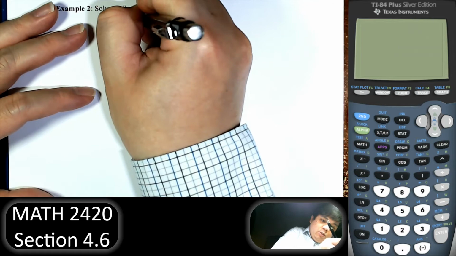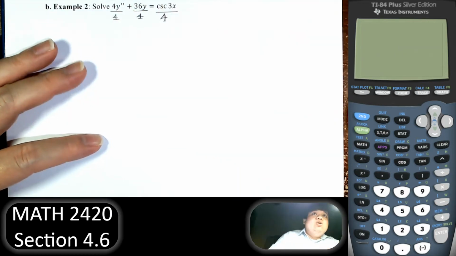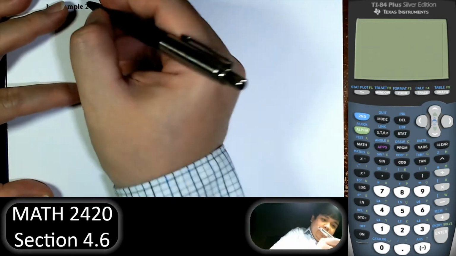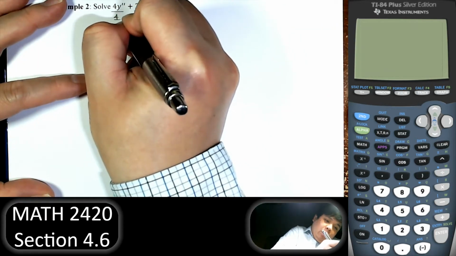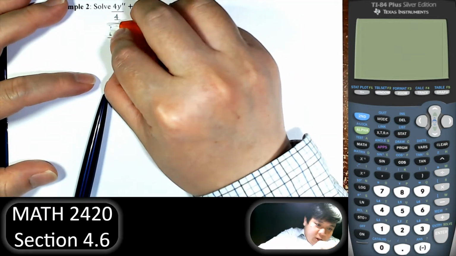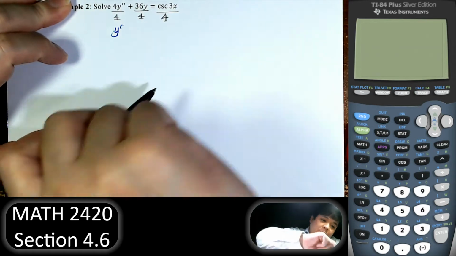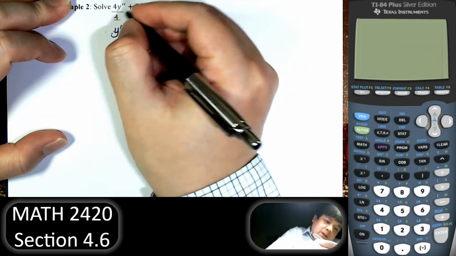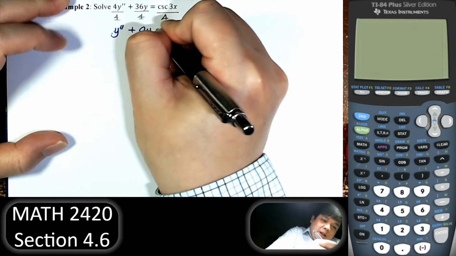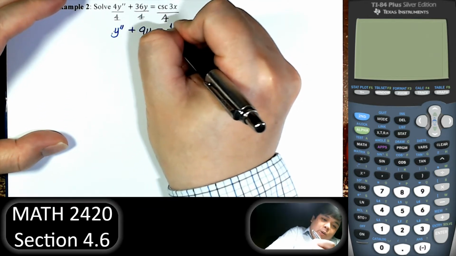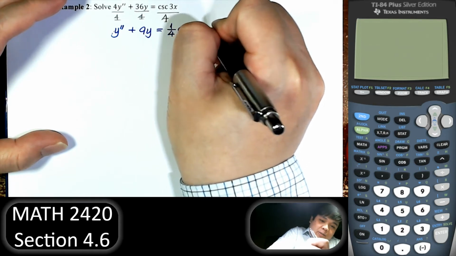Divide by 4 on both sides, we have y double prime. There's no more 4. y double prime plus 9y equal to 1/4 cosecant of 3x.